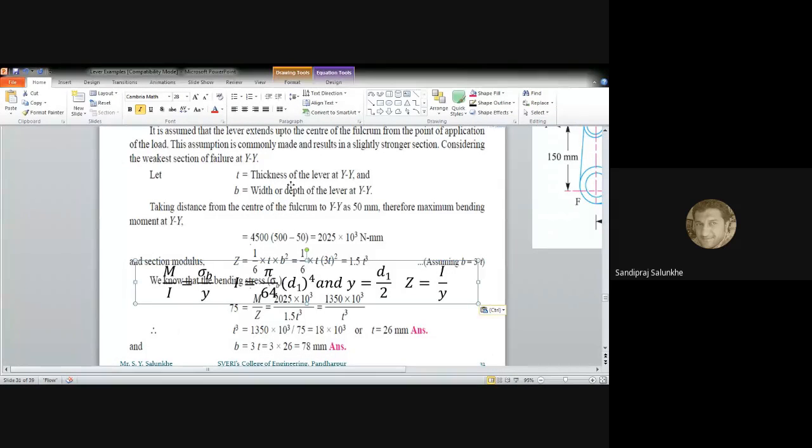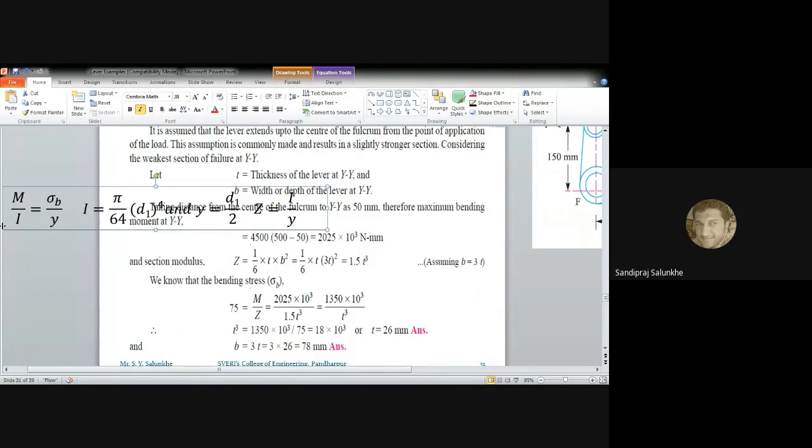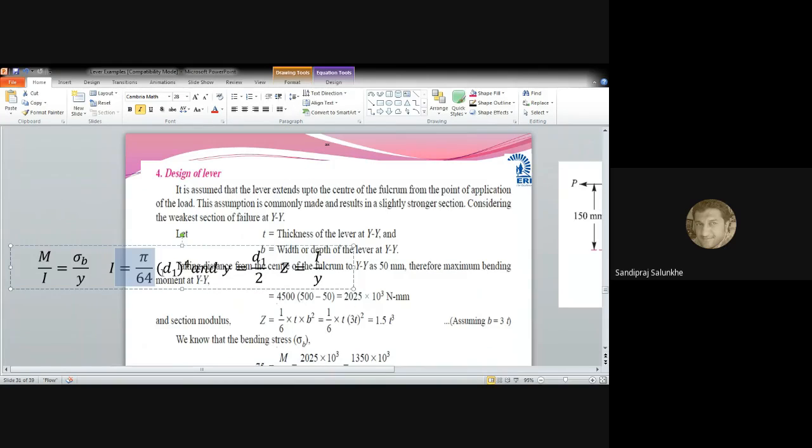So here we can use this formula. Is it visible now? M by I is equal to sigma B by Y. Only thing is that this I will get replaced, and this I will be how much? BD cube by 12. Am I right?